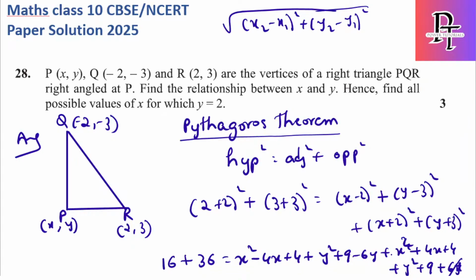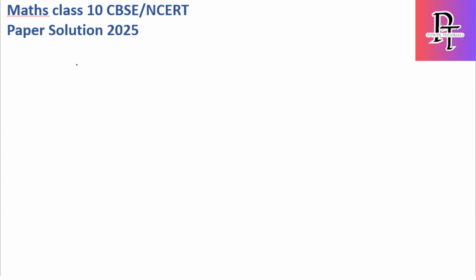Plus 6y and minus 6y cancel out, 4x and minus 4x cancel out. So you will get 16 plus 36 is 52, equal to 2x squared plus 2y squared.